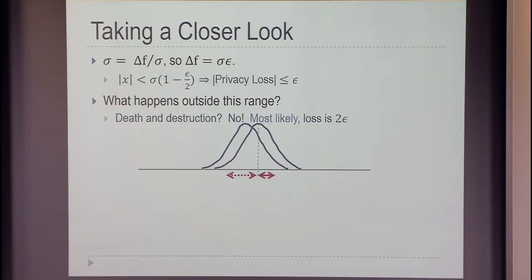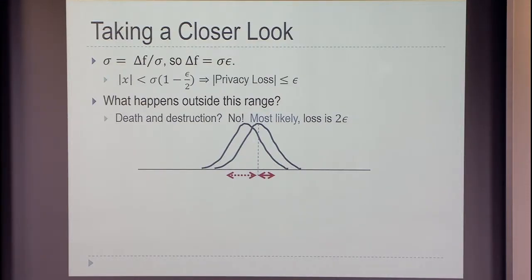What happens outside this range? We don't necessarily get death and destruction. Probably our draw from the Gaussian was just a little bit larger, because the Gaussian is very tightly concentrated around its mean. And so most likely what happened to us was that our privacy loss, instead of being potentially infinite, is simply 2 epsilon.